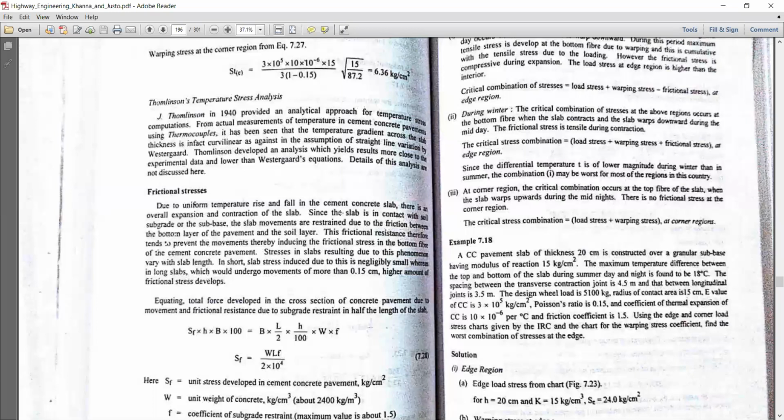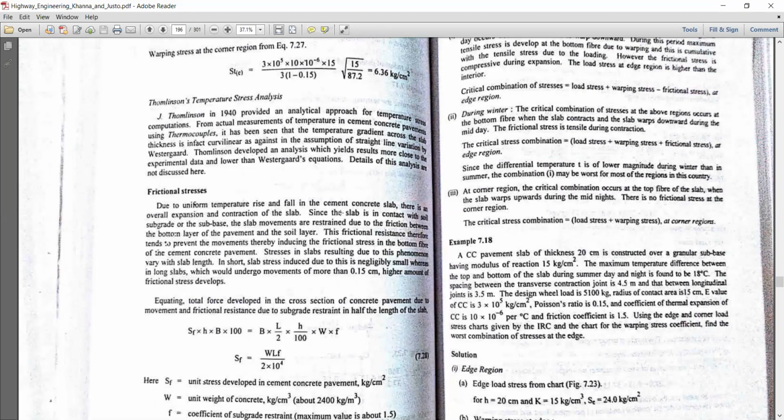Because of temperature variation, there may be a rise and fall in temperature, which leads to overall expansion and contraction of the slab. The slab is in direct contact with the soil subgrade or lower layer.